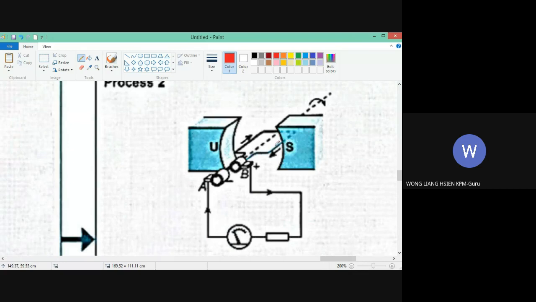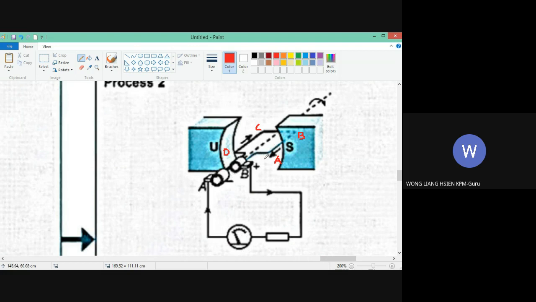When we go to process 2, the AB part of the coil rotates until here, and this side is CD. Remember, the AB part of the coil is connected to the B slip ring, and the CD part is connected to the A slip ring.